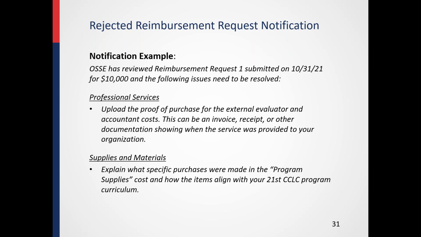That may be an instance where it just said program supplies and it doesn't say such as highlighters, crayons, and calculators. So that for 50 students, approximately $10 each. That gives you an idea to determine the reasonable cost of the expenditure.